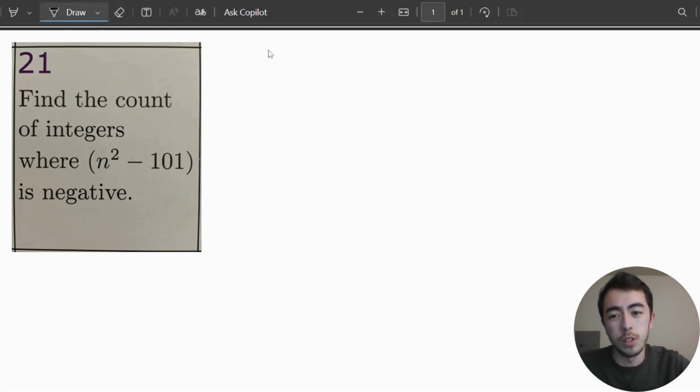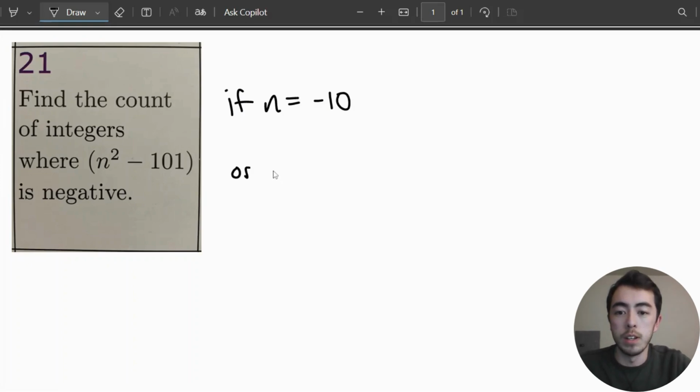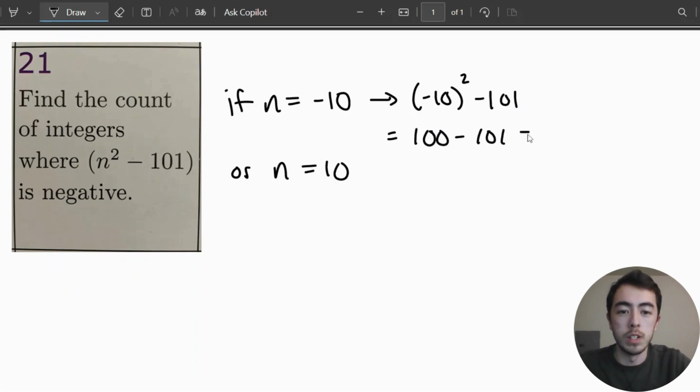And actually, it's not too hard to find. If n equals negative 10, or if n equals positive 10, I can square 10 here and subtract 101. That's the same as 100 minus 101, and that is still negative, but barely so.